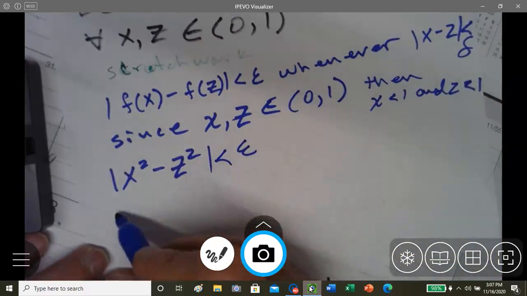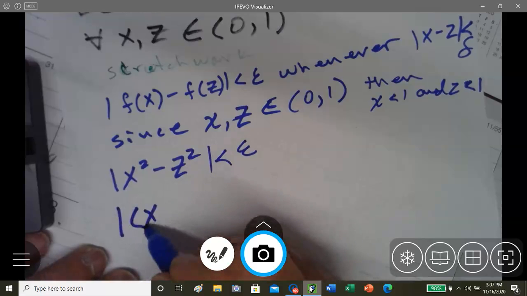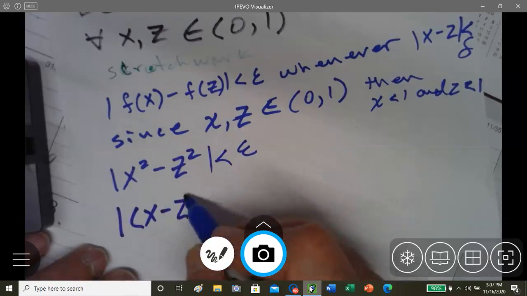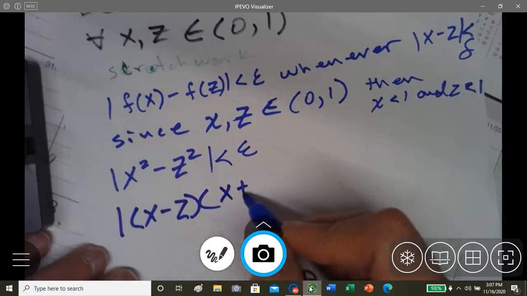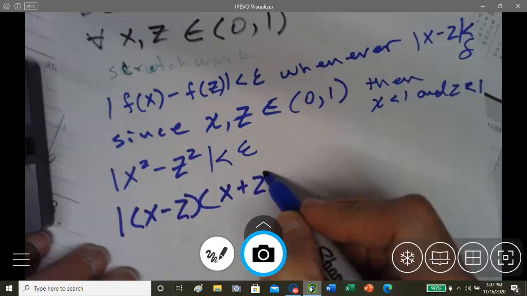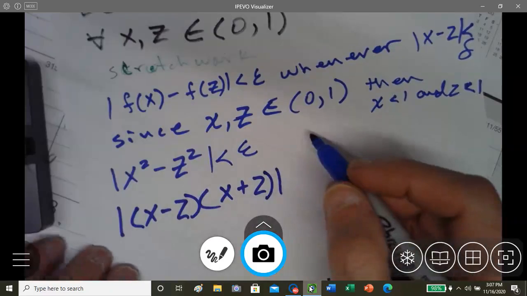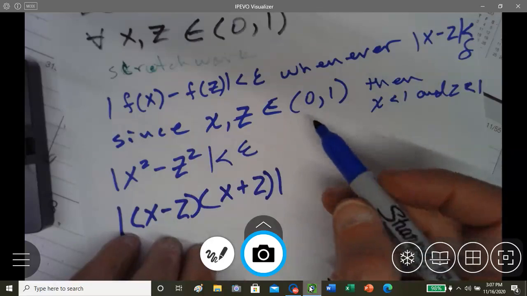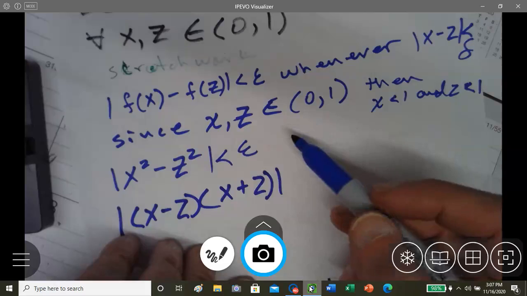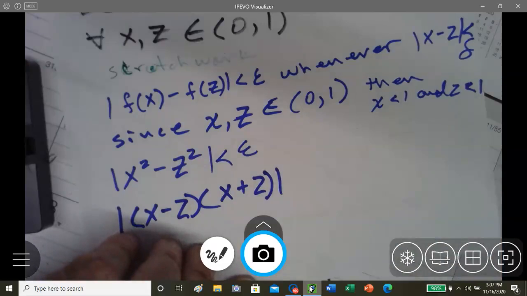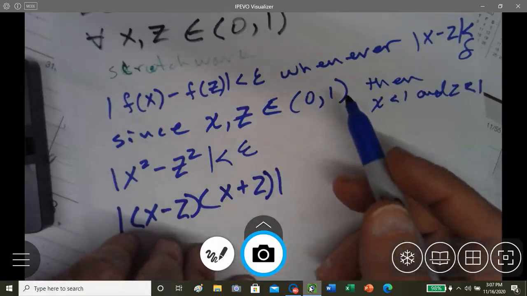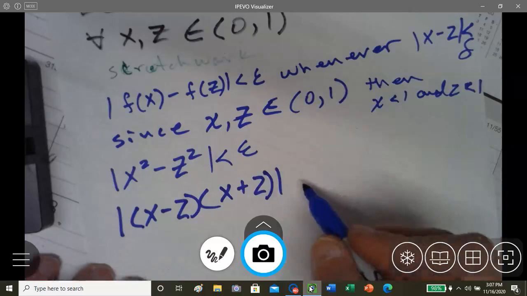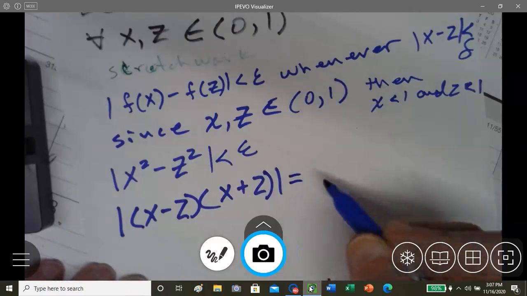Okay, so if we factor that, that's x minus z times x plus z. All right, so from here we can split that, right?